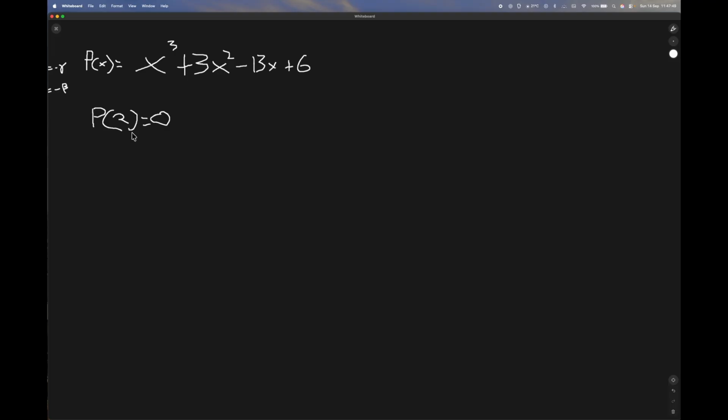So, when they say p of 2, they just mean every time we see an x, we're going to put in a 2. So, we're going to have 2 to the 3 plus 3 times 2 squared minus 13 times 2 plus 6.